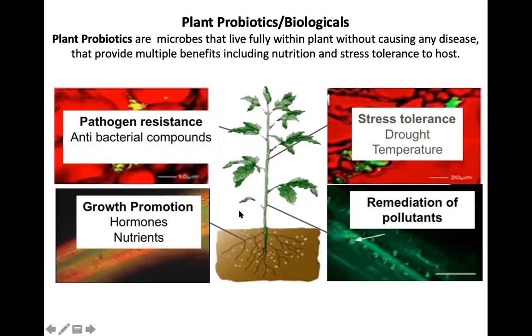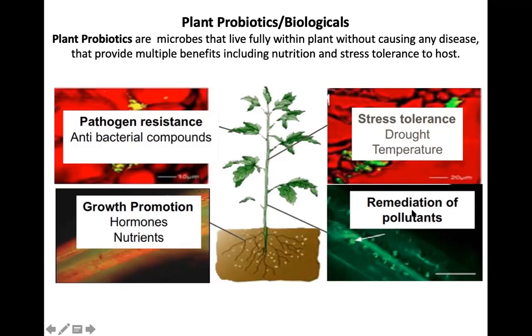So if nitrogen is fixed by the probiotic bacteria from the air and offered to the plant, you can significantly reduce the urea application in crop cultivation.